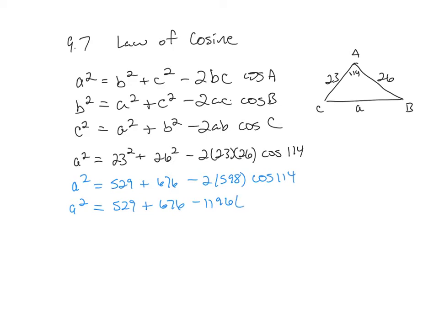And the cosine of 114 degrees is negative, and that happens sometimes, negative 0.4067.